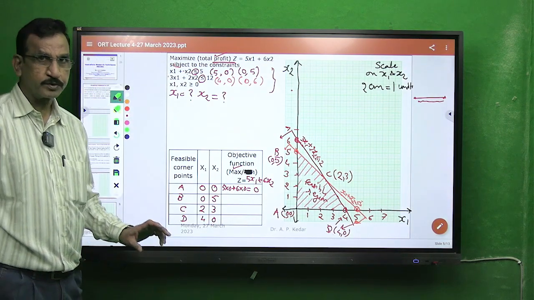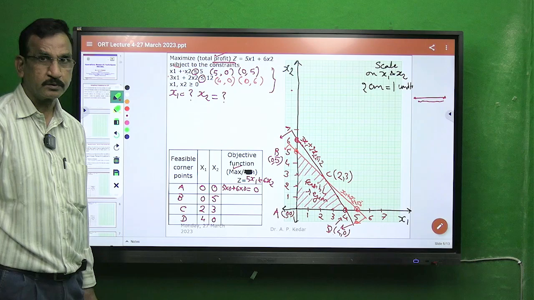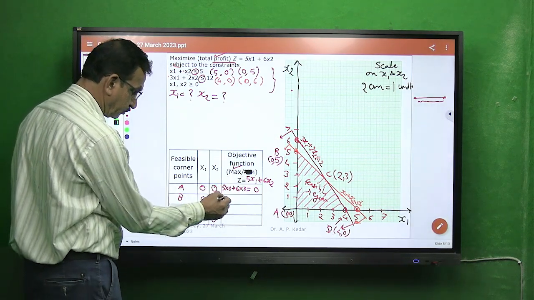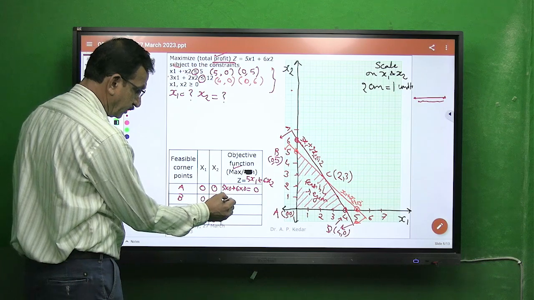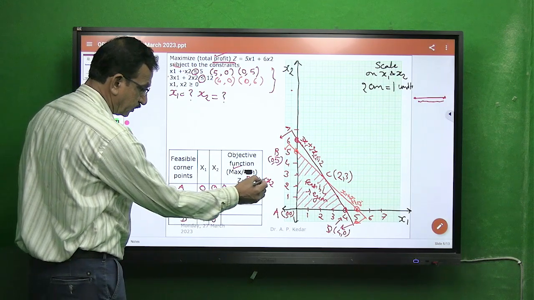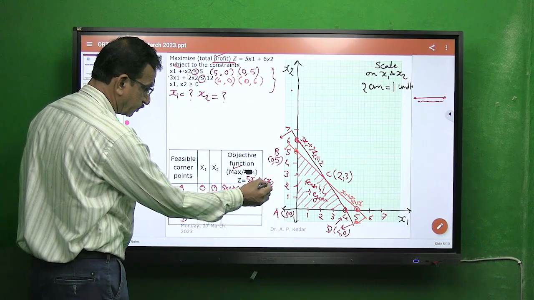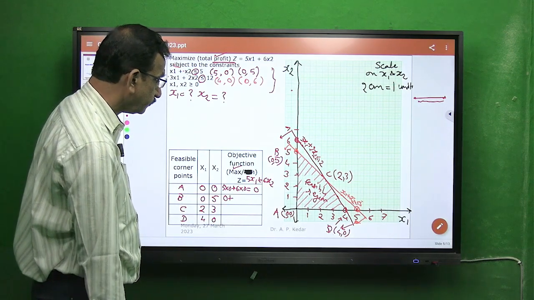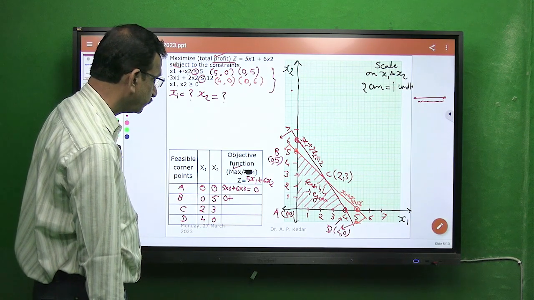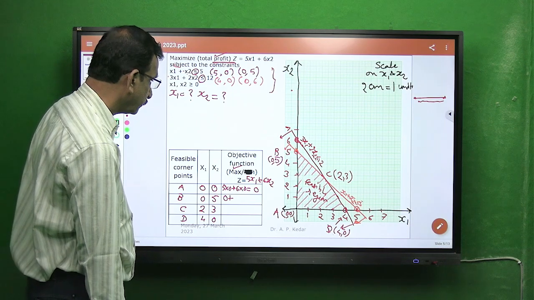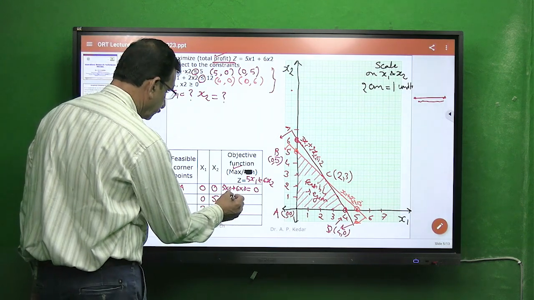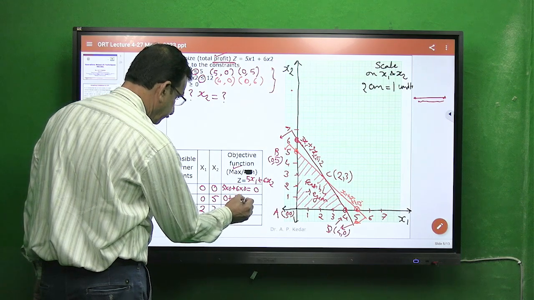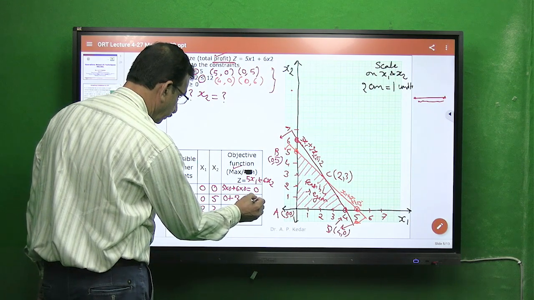Put the values of x1 and x2 in the equation. Simple. If I put again here 0 into 5 is 0 plus 6x2, so it will be how much? 30, equal to 30.